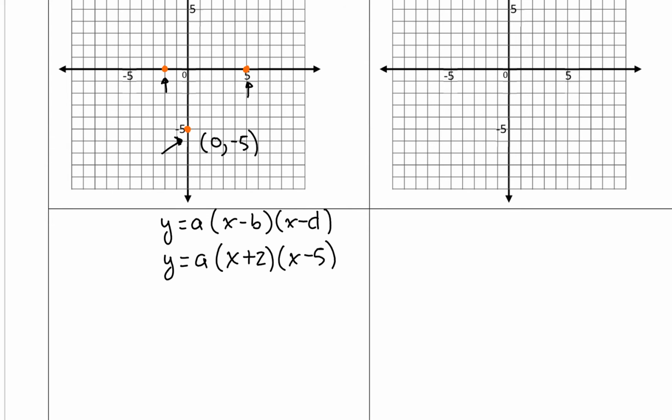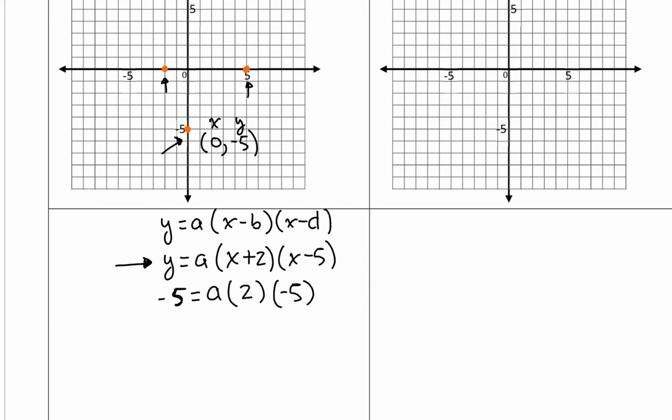We're just going to plug this x and this y into the equation. So y, which is -5, equals a, which we're trying to find, times, because x is 0, this becomes 2, and this becomes -5.